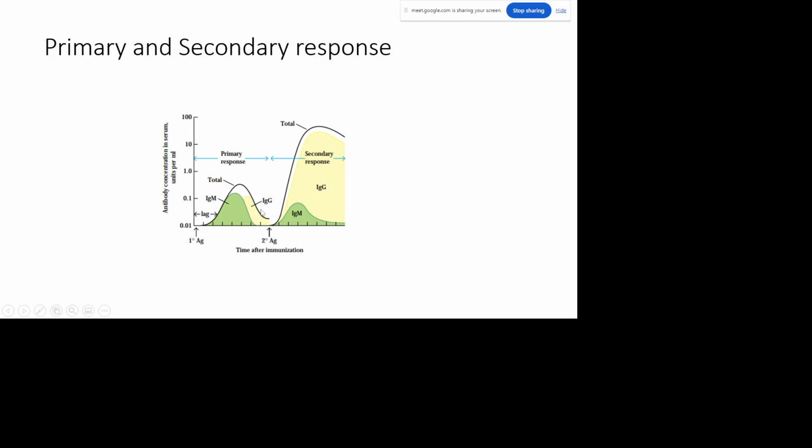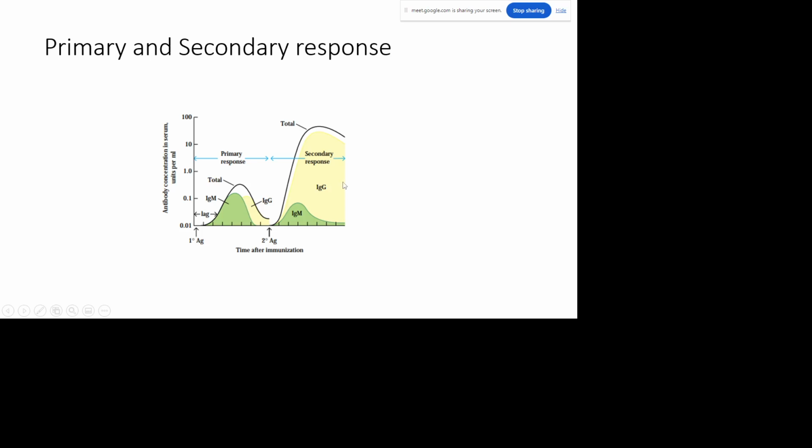So first IgM, then IgG, and when the same antigen infects a second time, the response elicited is the secondary response. There will be an initial IgM response, and there is an IgG secondary response, which is the major one.